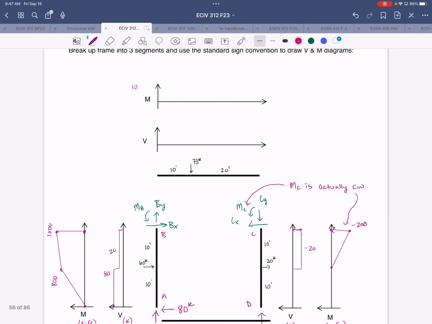Now transferring our forces to the beam, all right, again, equal in magnitude and opposite in direction. So By we found to be a downward force on the column. That means it's going to be an upward force on the beam. And that value was 22.